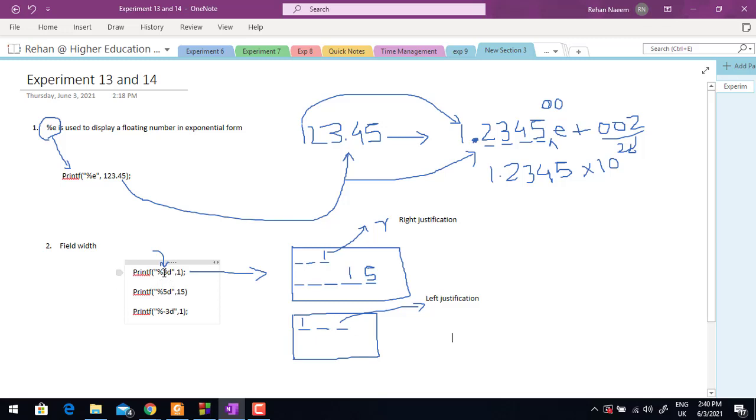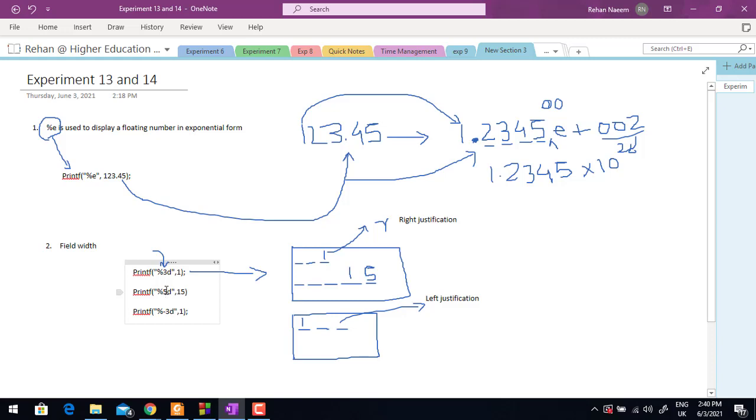Right justification is implemented by using the positive sign, or by not mentioning any negative sign, whereas left justification is implemented by writing a negative sign with the field width.